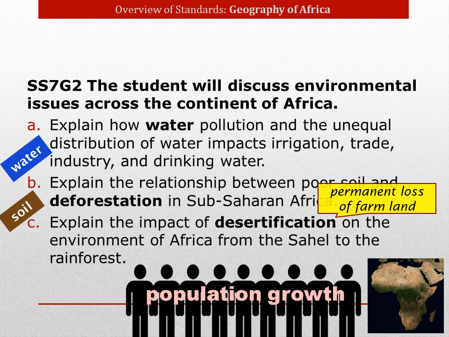And of course, the most important resource for human beings is good farmland to grow their food. And when that farmland goes away, especially when your population is growing, that is a severe problem, and of course leads to widespread famine.